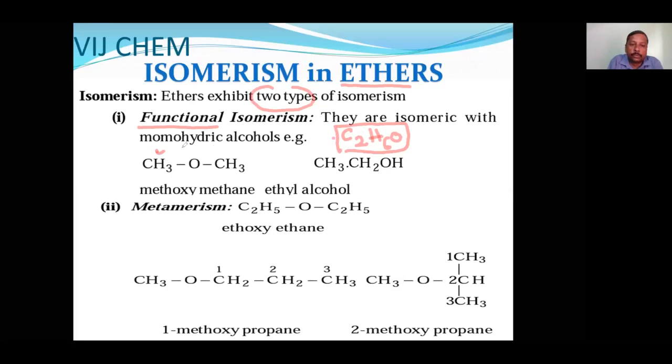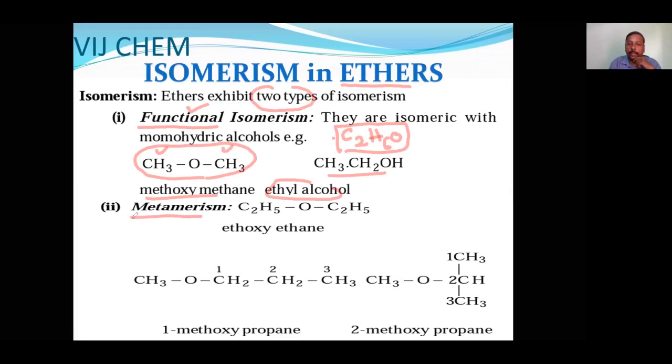If I write a methyl group on both sides and oxygen in the center, now it is ether. But if I write C2H5OH, now it is alcohol. So alcohol as well as ether, both have the same molecular formula but different functional groups. Therefore, they are called functional isomers.